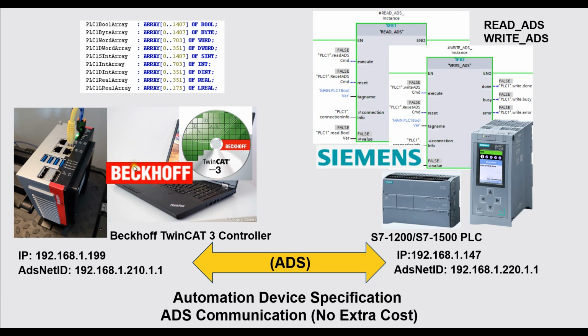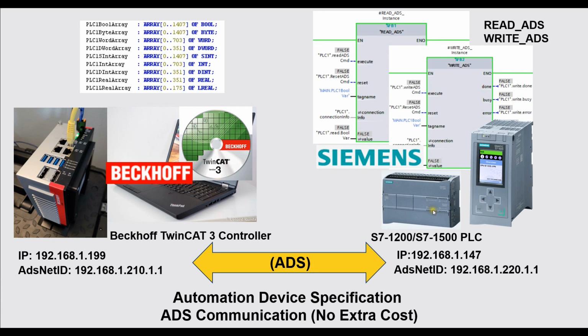In this case, I will use my computer running as the Beckhoff PLC, and it is a local IP and a local NetID. But in the real case, you might have a real controller. This is the Beckhoff PC running the TwinCAT runtime. We can remotely check the ADS NetID. Okay? So this is the target.